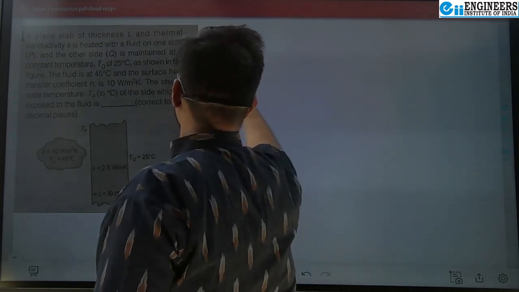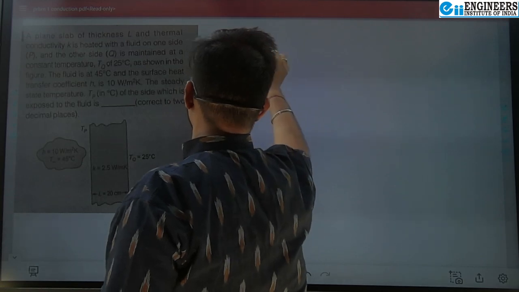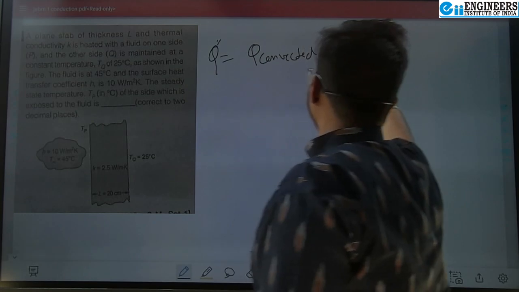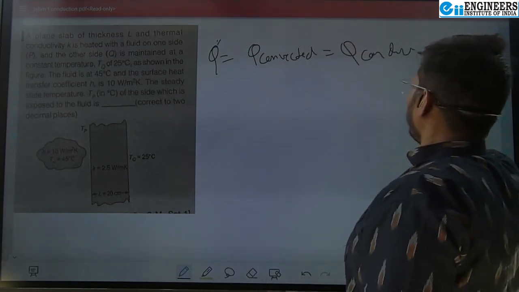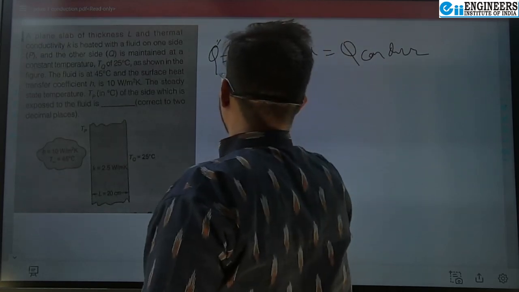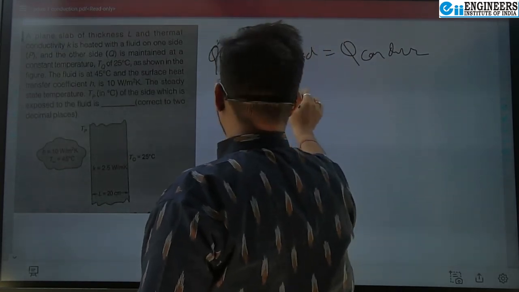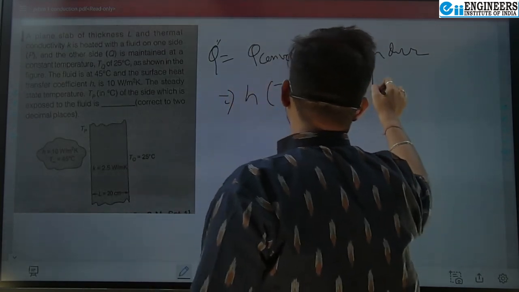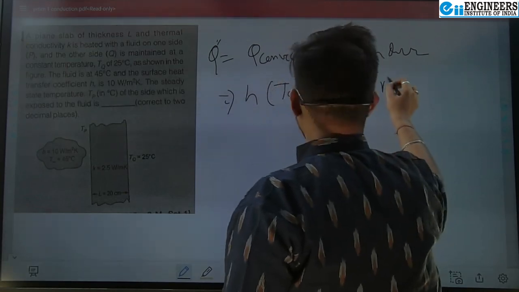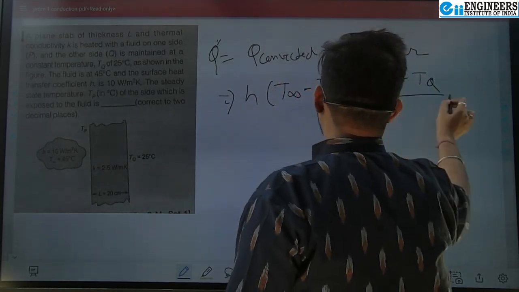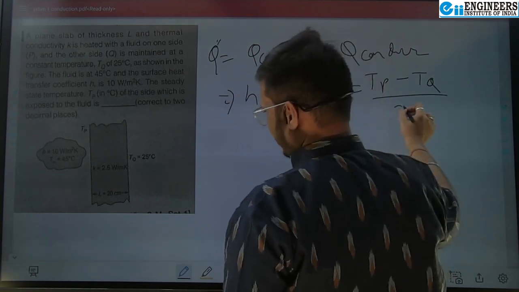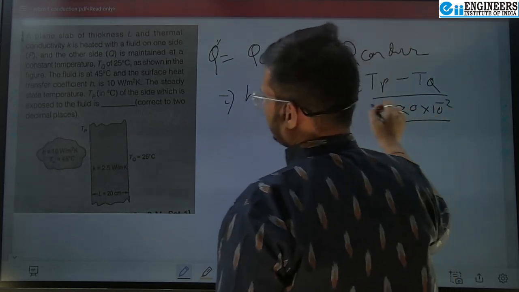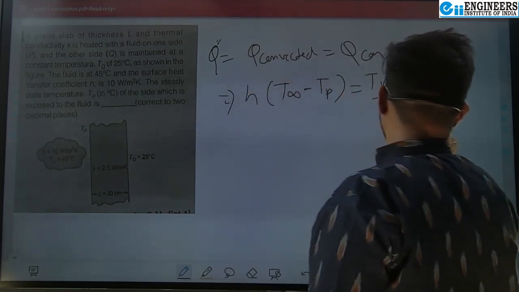Then this Q is the heat flux, that is, Q convected is equal to Q conducted. That means h into (T infinity minus Tp) is equal to (Tp minus Tq) by L by K, with L being 20 into 10 to the power minus 2, and K 2.5.